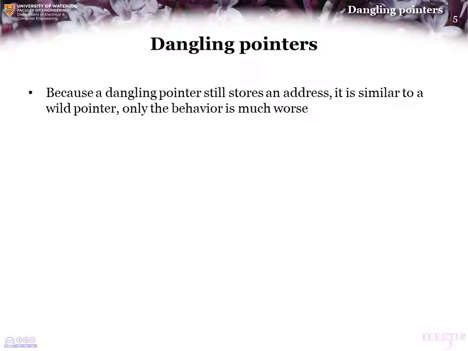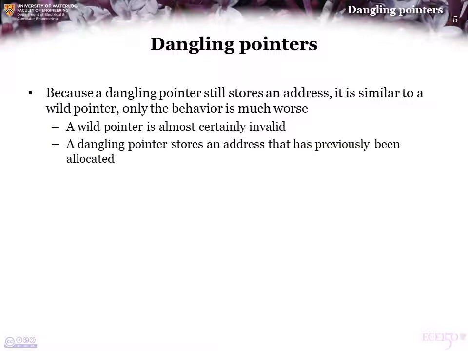Because a dangling pointer still stores an address, it's similar to a wild pointer, only the behavior is much worse. A wild pointer is almost certainly invalid except under very peculiar circumstances. A dangling pointer, on the other hand, stores an address that has previously been allocated.